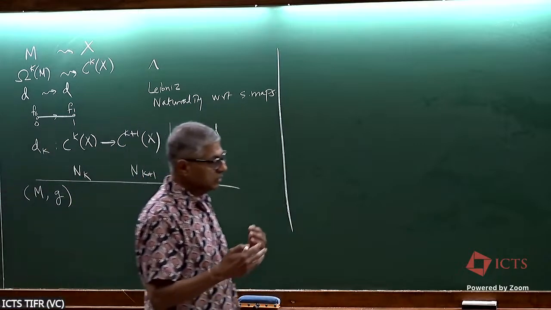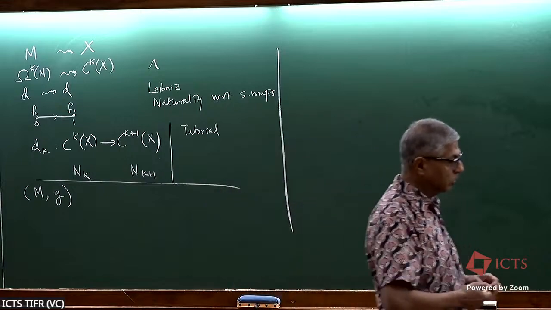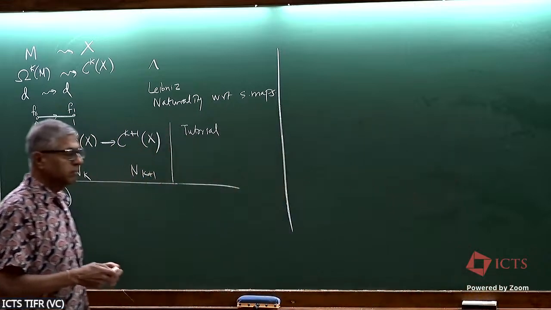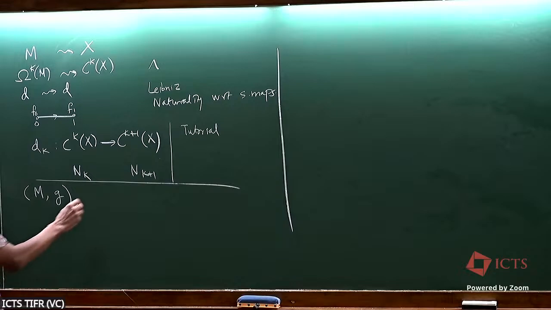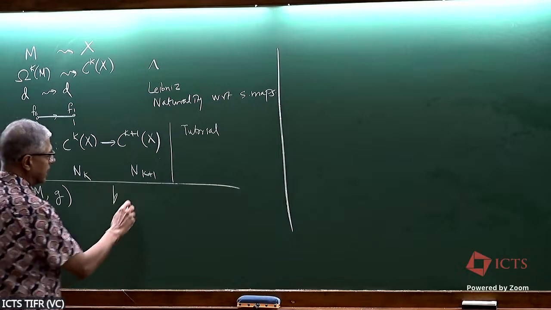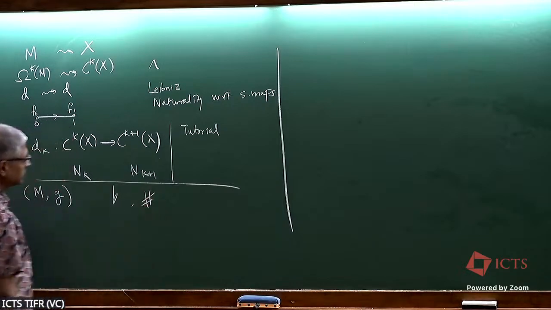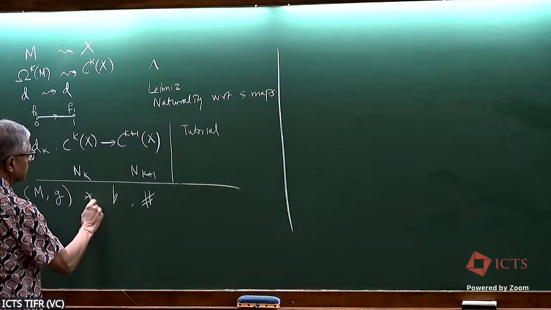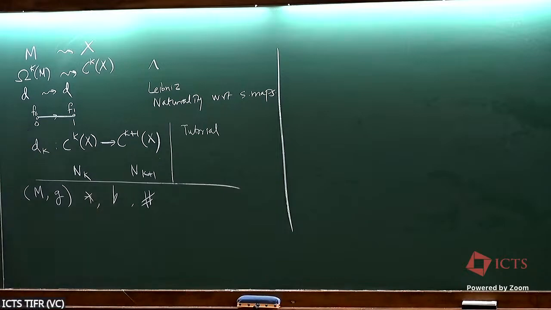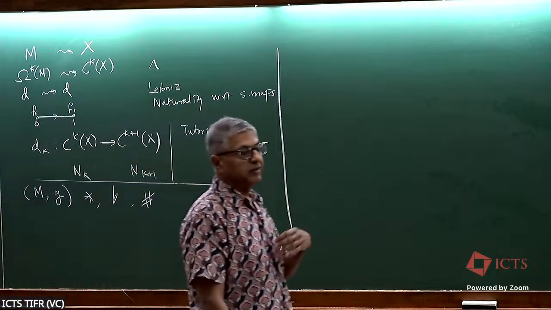The other two that are important in this setting are called musical homomorphisms, because they look like the flat and the sharp.